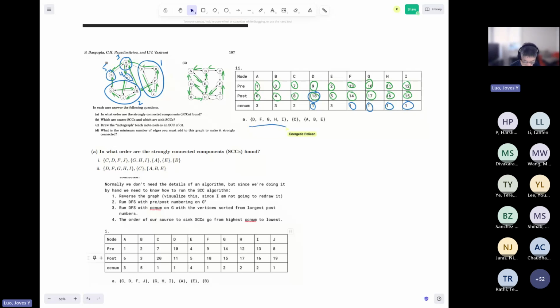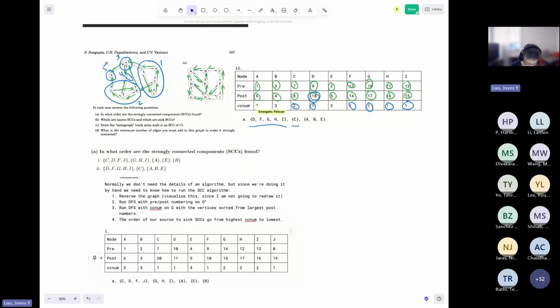We're done there. So the next one that is alphabetical is C. C starts at 2. C can point to F, but F has already been visited, and it cannot point to anything else. So that is another CC num done. No, sorry, the next lowest is 6.